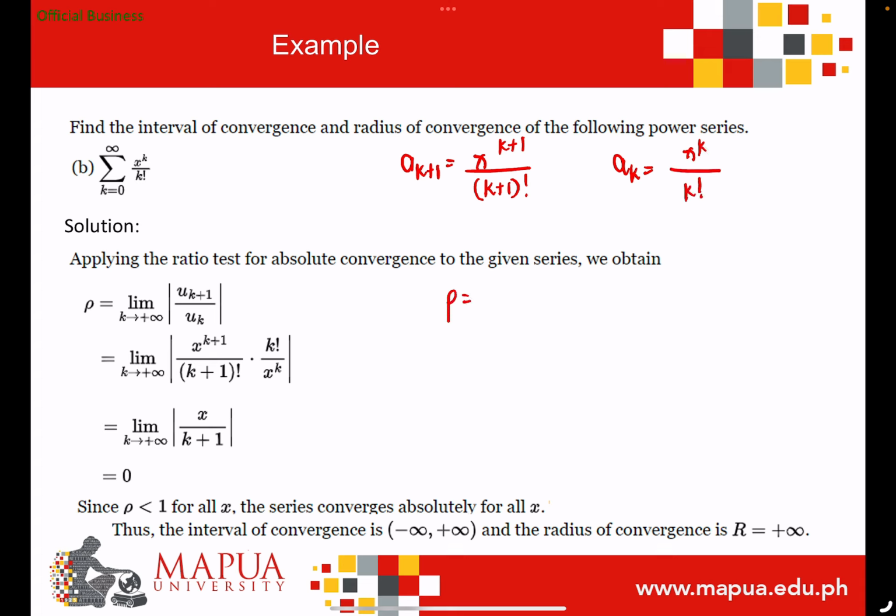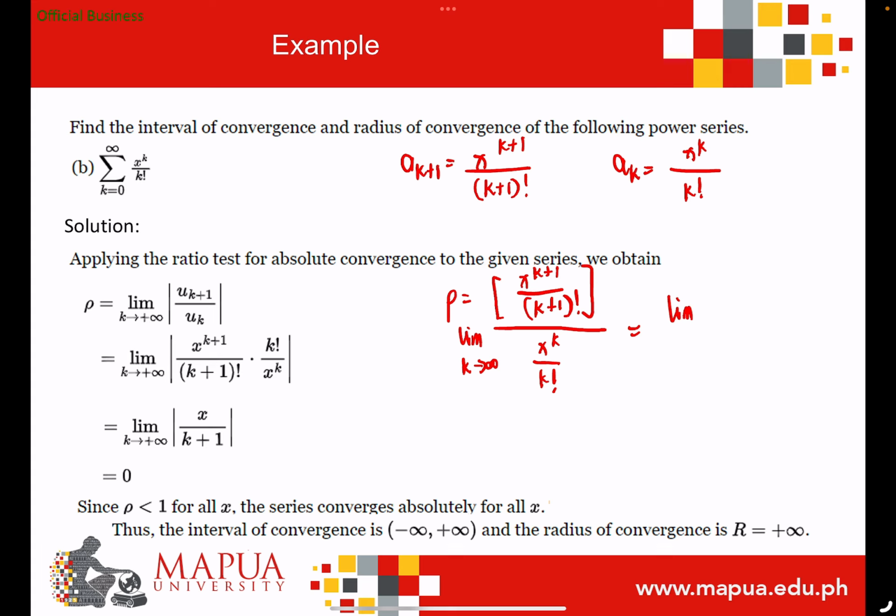For rho, we divide a sub k plus 1 over a sub k. So that would be x raised to k plus 1 over k plus 1 factorial divided by x raised to k over k factorial, evaluating the limit as k approaches infinity.